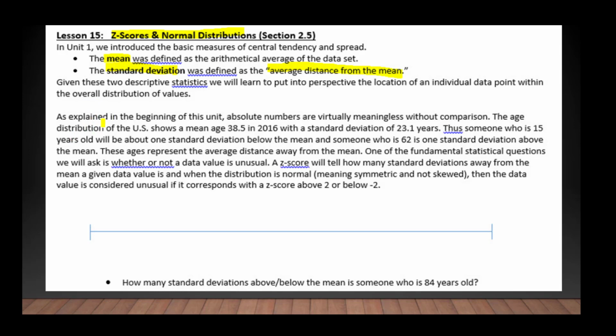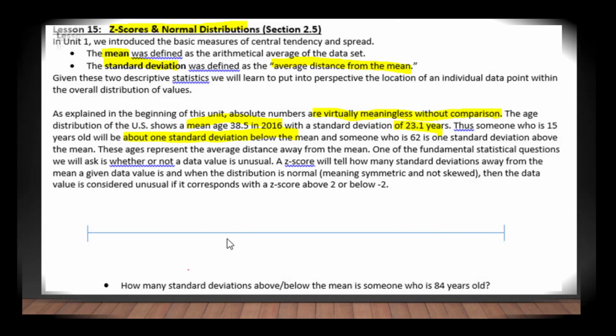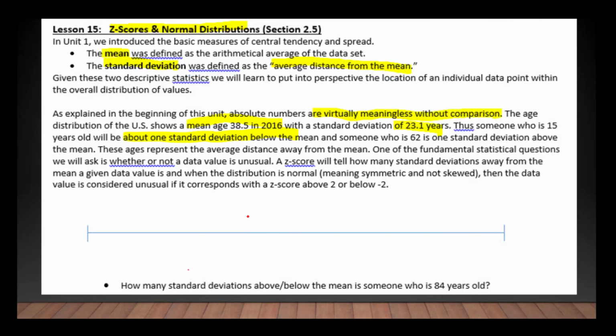Okay, as explained at the beginning of the unit, absolute numbers are virtually meaningless without comparisons. So the age distribution in the United States shows a mean age of 38.5 in 2016, so that was the average age, with a standard deviation of 23.1 years. Thus, someone who's 15 years old, let me put the mean in, which is going to be probably about here, which is 38.5.